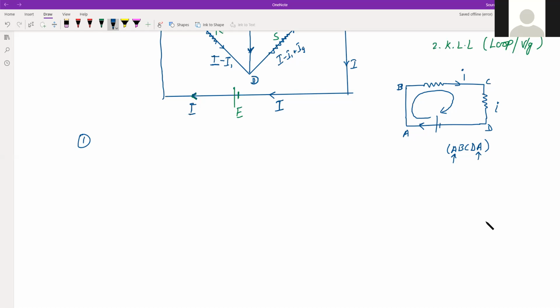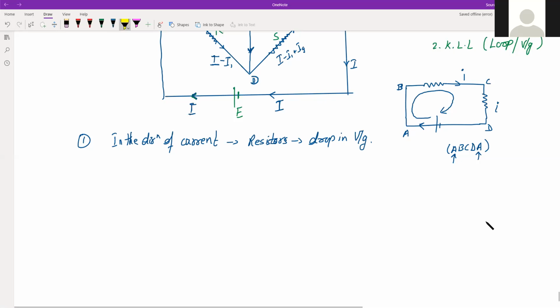So what I follow is that when I start in the direction of current, if I encounter a resistor, then there will be a drop in voltage. This I take as the core guiding factor of working in the loop.